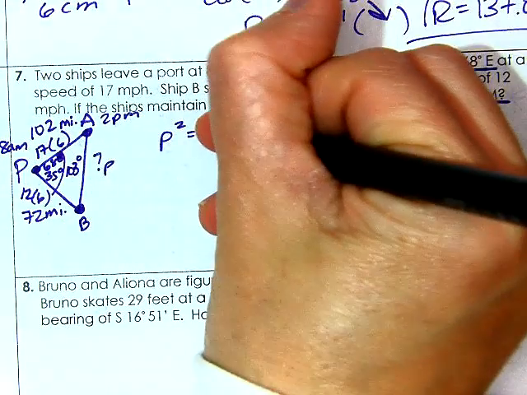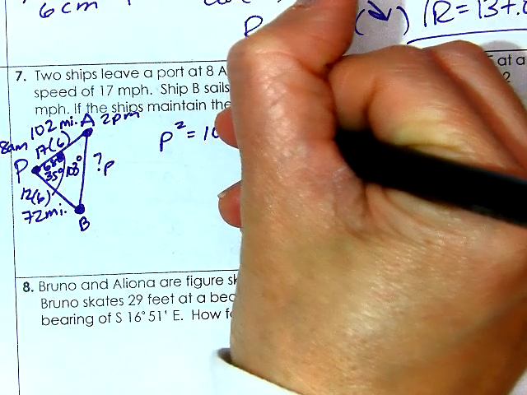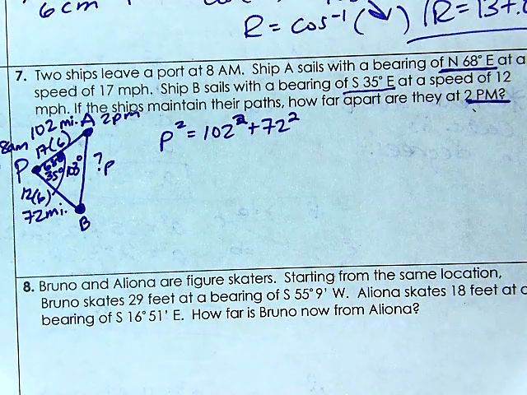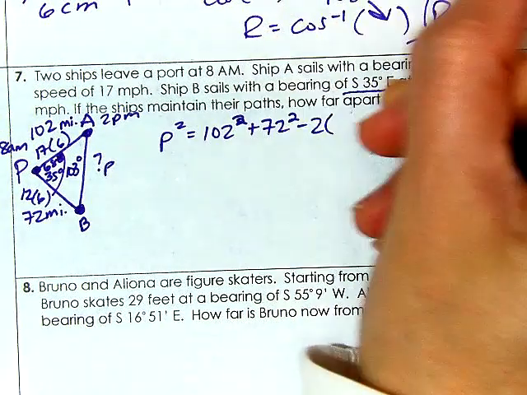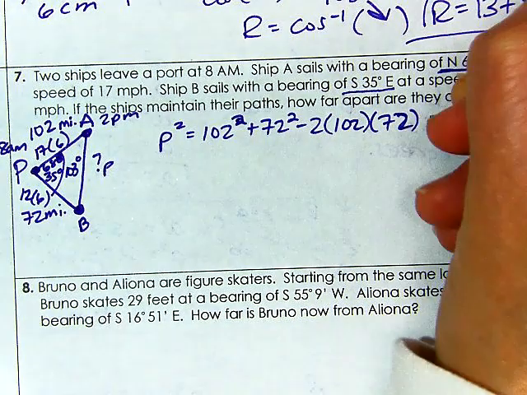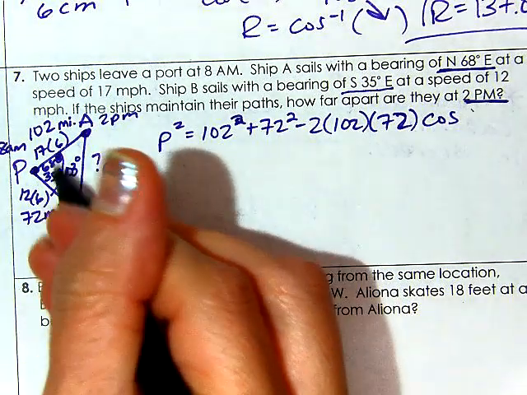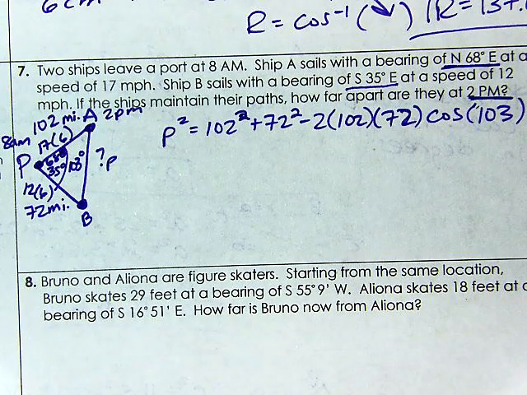So 102 squared plus 72 squared, not degrees. And then minus 2 times both of those side lengths times the cosine of that angle, which is 103. We're going to plug that in the calculator.